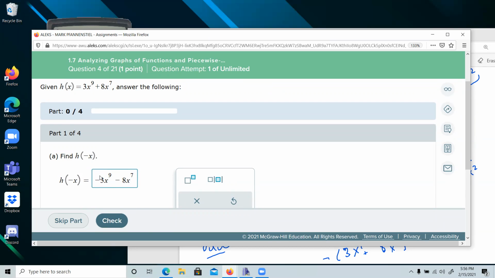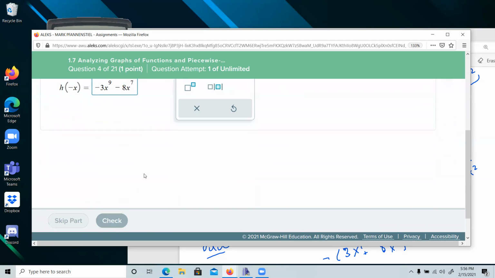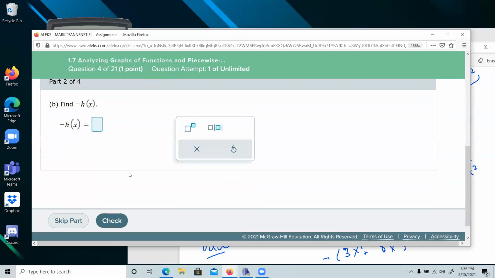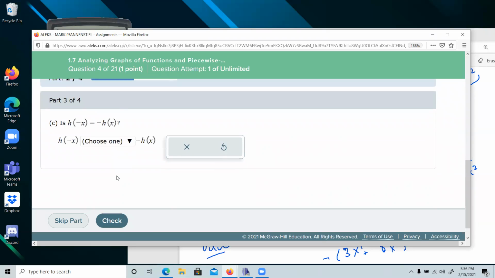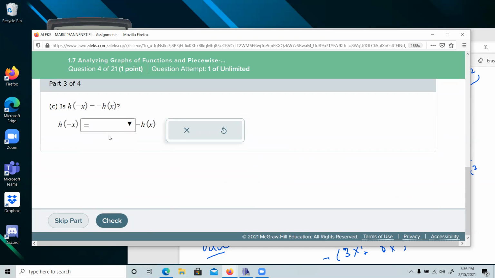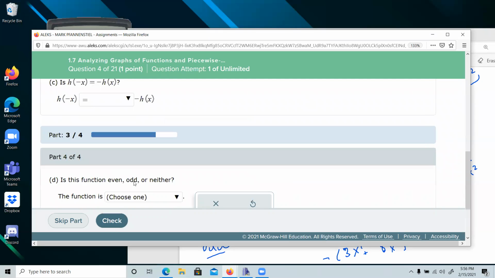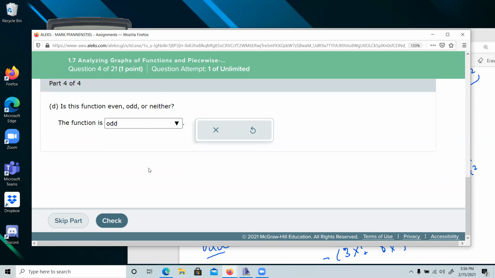Usually, to try to trick you up on this, I'll make both of the coefficients even to see if I'm testing the right thing. But that's really about as hard as that gets. Okay, so it's negative 3x to the 9th minus 8x to the 7th. Okay, check. All right. They are equal. Function is odd.